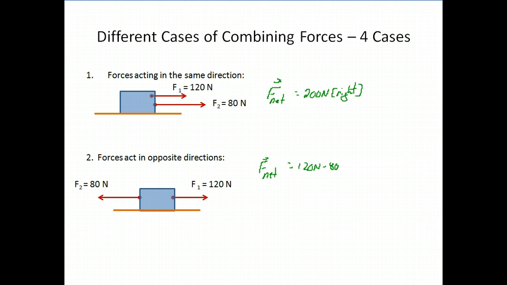Subtract the 80 because it's in the opposite direction. And then we have 40 newtons. And instead of saying to the right, we'll say it's acting to the east. Now if you wrote down 40 newtons to the right, that would be okay so long as a direction wasn't specified.